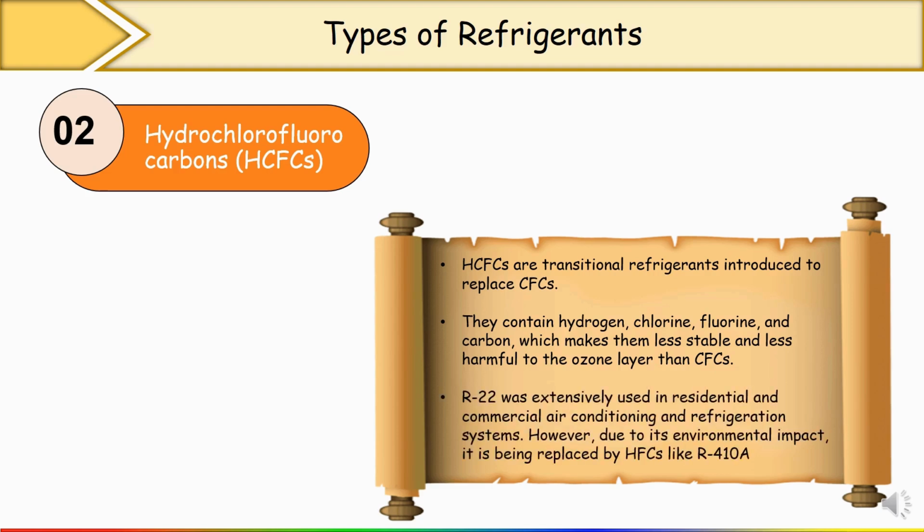This type of refrigerant, generally R22, was extensively used in residential and commercial air conditioning and refrigeration systems. However, due to its environmental impact, it is being replaced by HFCs like R410A. We'll discuss that.